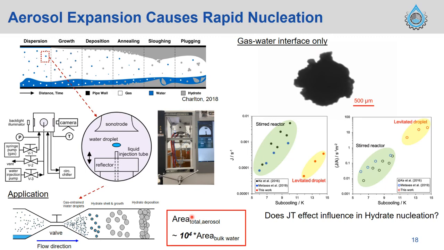So at the end, the interfacial area is four orders of magnitude higher. When you consider the interfacial area of these tiny water droplets, the nucleation rate will jump up quite a lot. So this could be one of the reasons we went through the rapid hydrate blockage in the system.